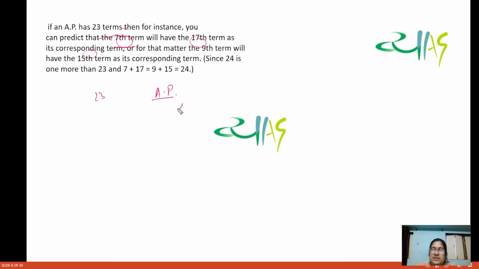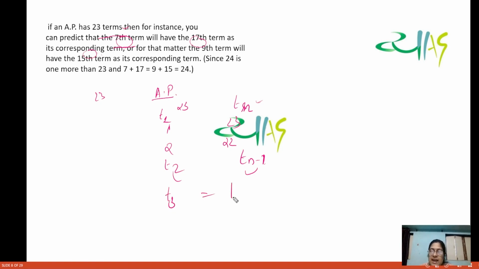तो देखिए, अगर मान लीजिए 23 terms है, तो 1 and 23 are the corresponding terms. 2 and 22 are the corresponding terms. Okay, so this is T1, this is T last or Tn, this is T2, and this is Tn minus 1. Because this is the nth term, so T2 and Tn minus 1 are the corresponding terms.